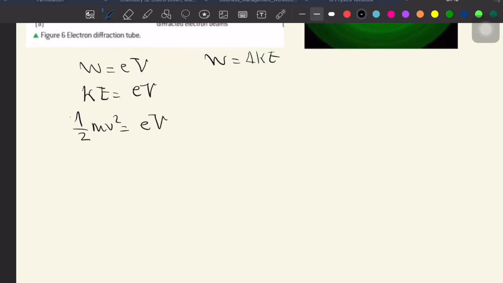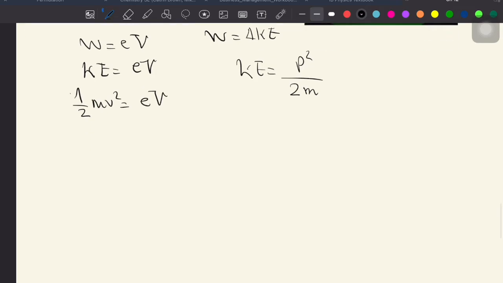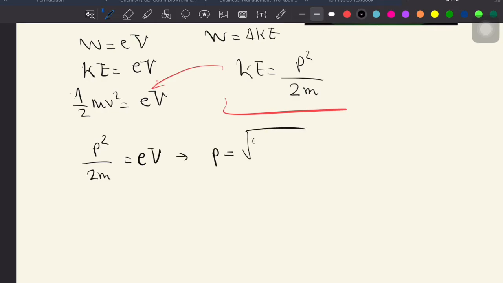And we also know that kinetic energy is equal to p²/2m, and so we can substitute this in here, and so we'll get p²/2m is equal to eV, and p is equal to √(2meV).